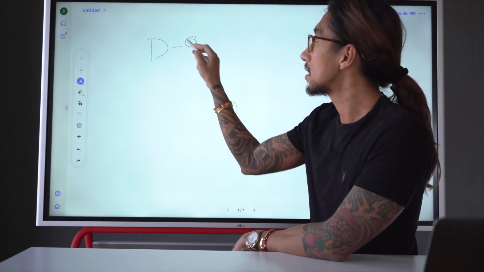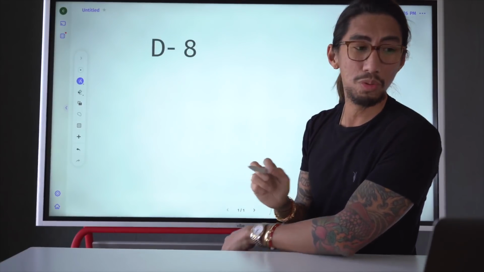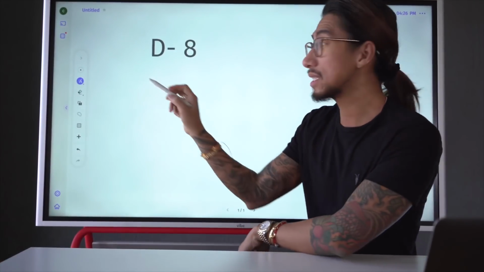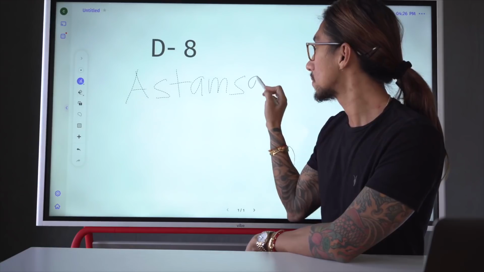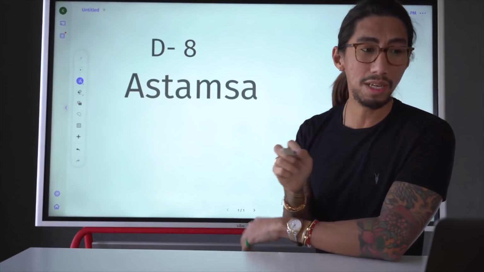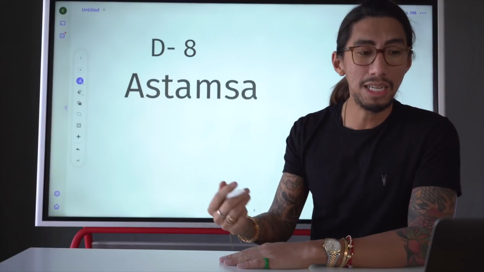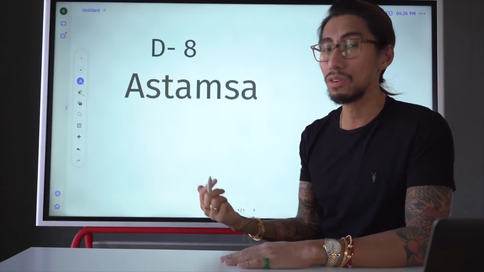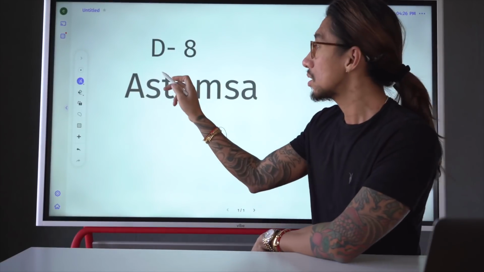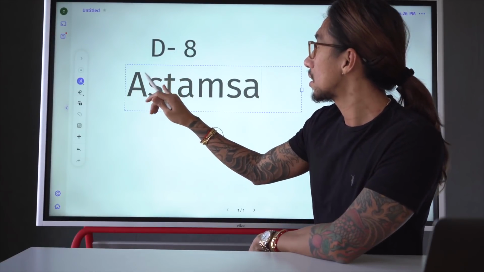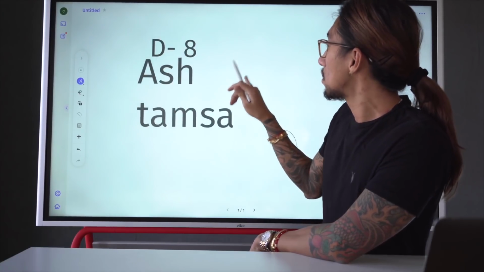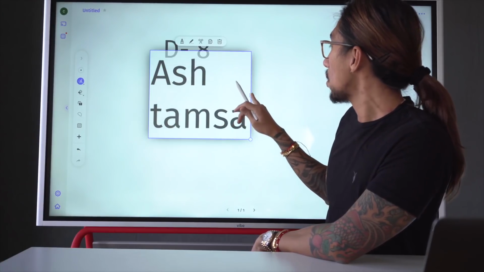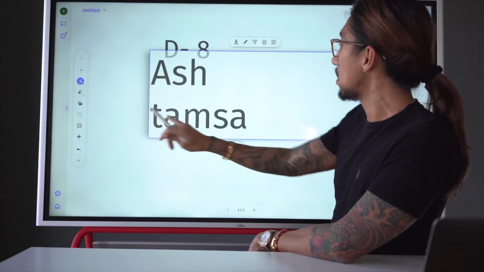Now next is what we call the D8, also Ashtamsa. These are the sudden and unexpected troubles, litigation, etc. Unforeseen events are going to be here.